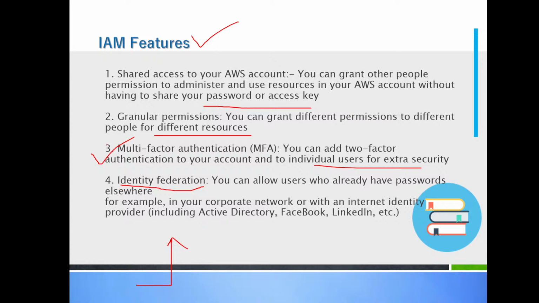Many companies use Microsoft as an authenticator, so that can also be enabled. So you can enable third-party authentication. You can allow users who already have a password somewhere else in your corporate network or with an internet identity provider. Examples: Active Directory, Facebook, LinkedIn, or Google.